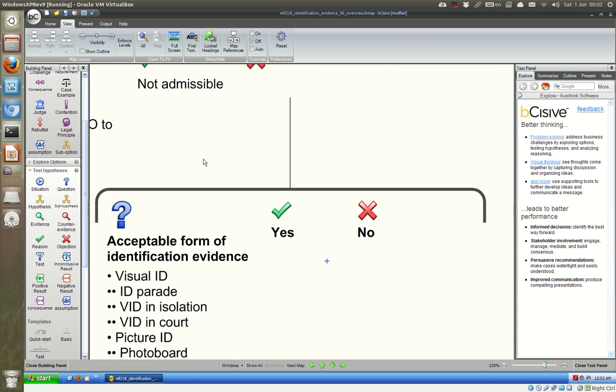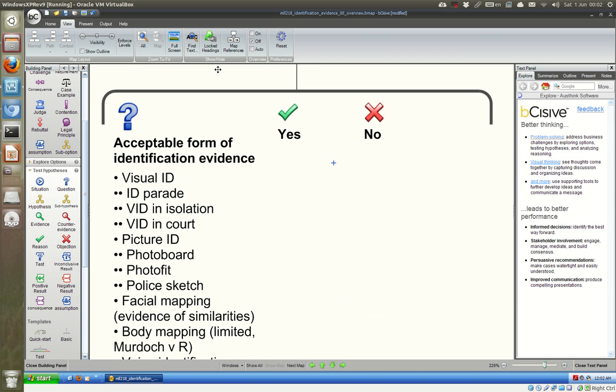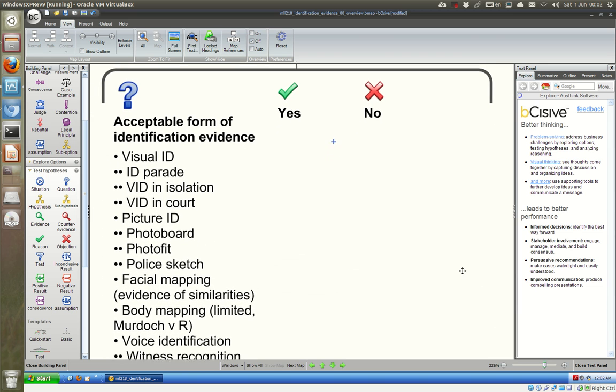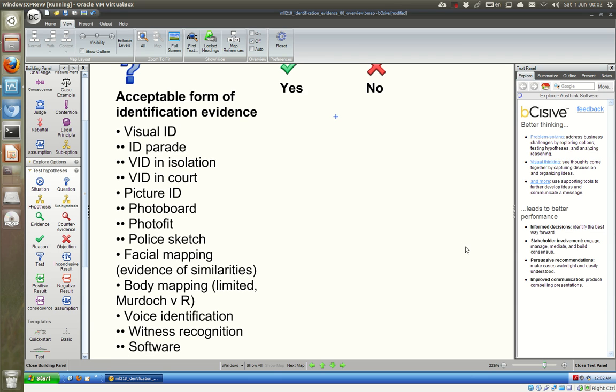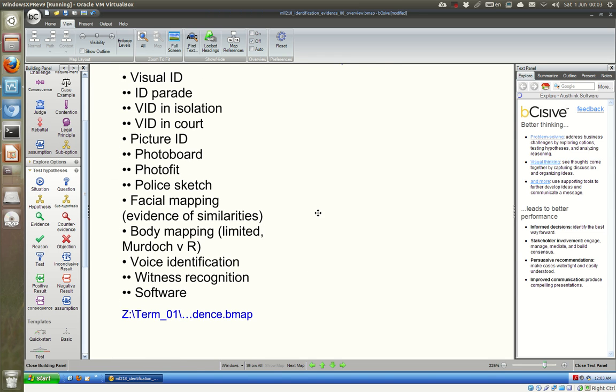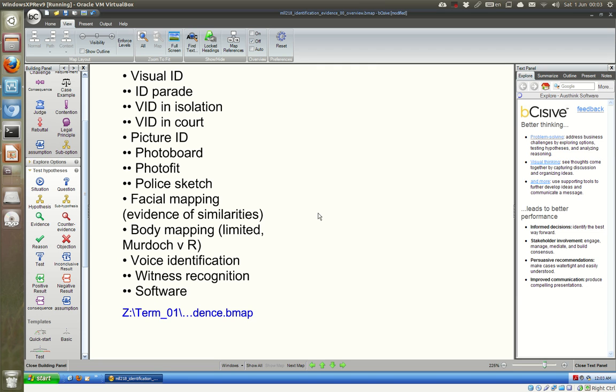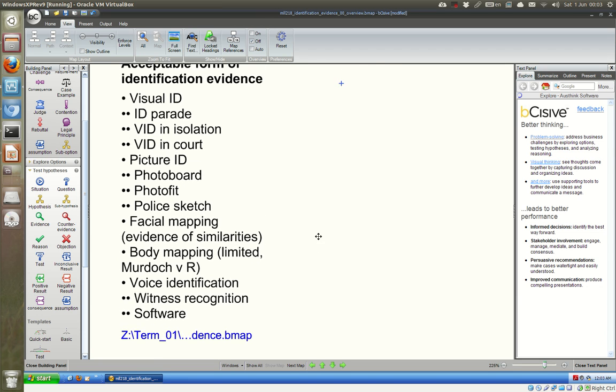So we then move on to acceptable forms of identification evidence. And the main one is visual identification, but there's also picture identification, which is different from visual, where you're actually looking at the person rather than a picture of the person. There is also facial mapping, body mapping, and voice recognition.